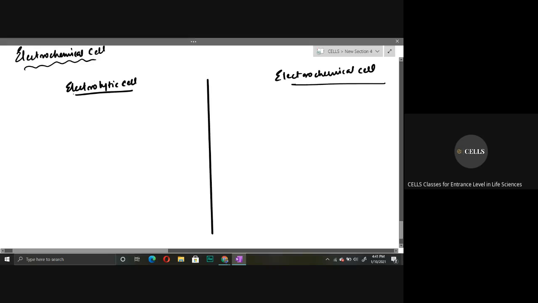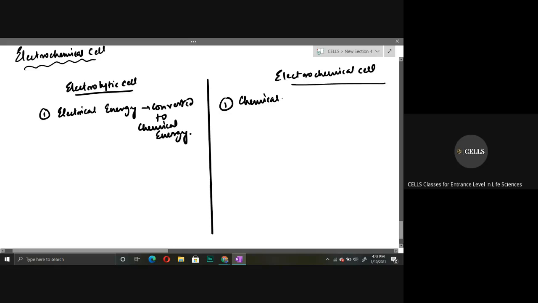In the electrolytic cell, electrical energy is converted to chemical energy, whereas in the electrochemical cell, chemical energy is converted to electrical energy. Point number one.